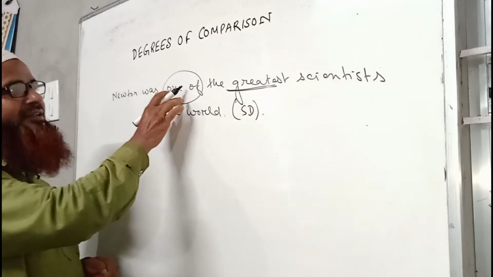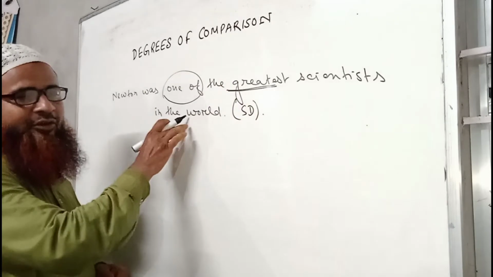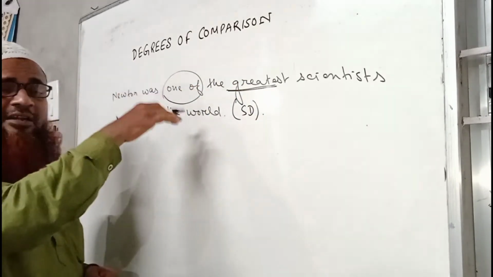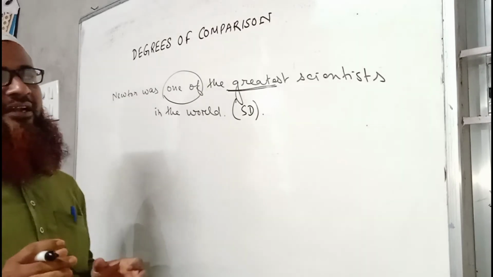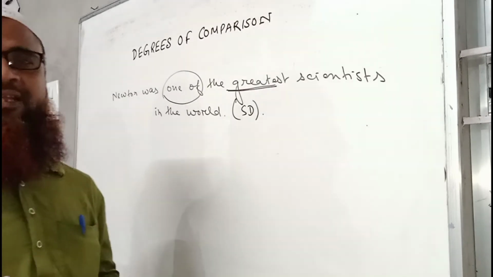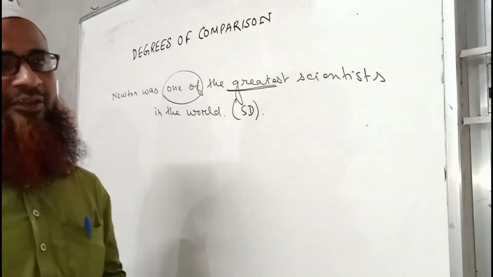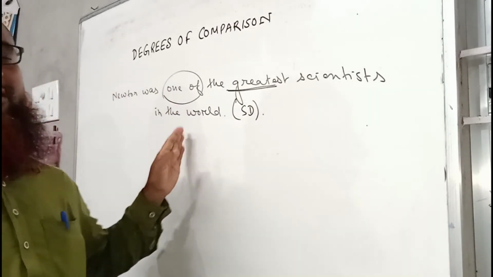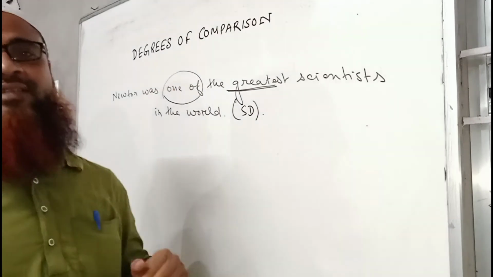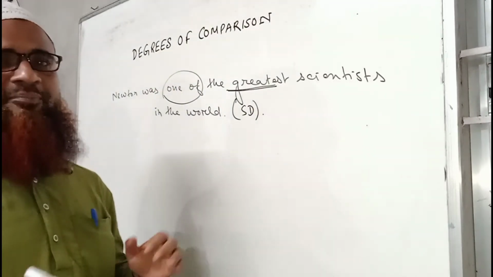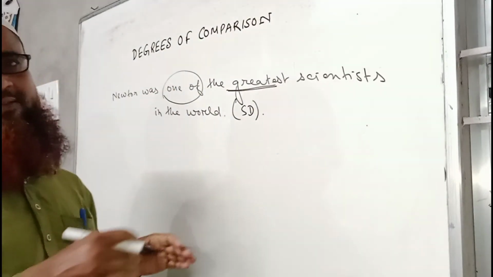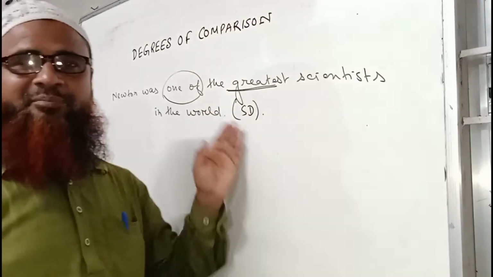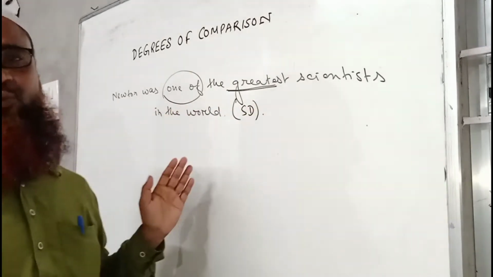We are mentioning Newton as one of the greatest, but not the greatest. That means there are some other great scientists in the world like Newton. That is why we are not telling that Newton is the greatest or was the greatest. That is why the pattern itself tells that the change of degree of this sentence will not be like that of the previous one.